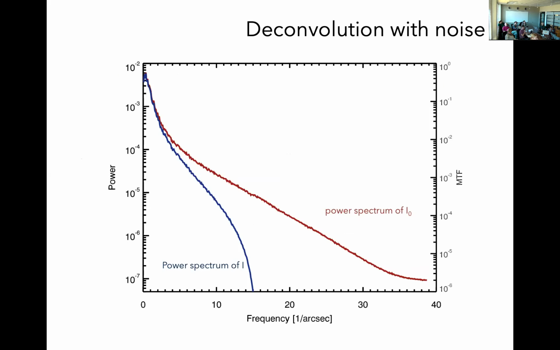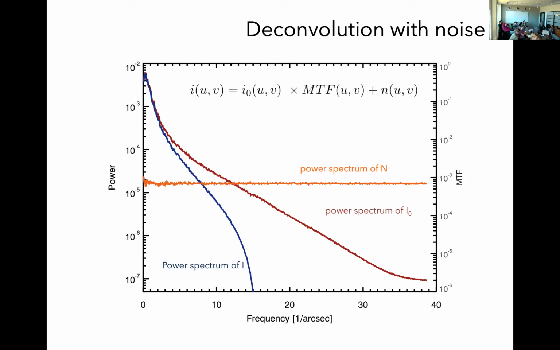But now what happens when I look at that image if I go back to Fourier space? Well, the red is again that simulation image. The blue was that image convolved with the telescope with no noise. This orange line is the power spectrum of the noise that I was inputting there, and that power spectrum is just that flat constant at all frequencies.